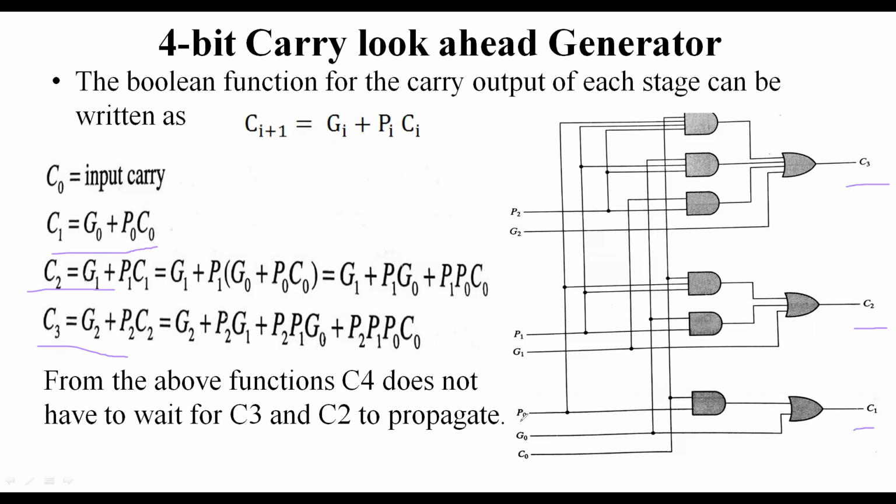P0 is nothing but A0 exclusive OR B0. Now we know what G is: G means carry generate, G is A into B. Therefore, by using that, we are generating the circuit for the carry look ahead adder, where the carries are directly generated.